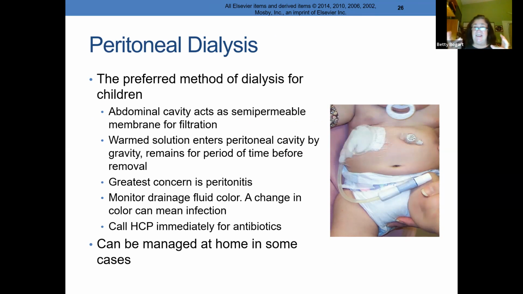It's called dialysate. And you warm it because you don't want cold fluid going inside the belly. These are used mostly for your young children, your infants, because they can't use hemodialysis. Hemodialysis creates a big swirl of blood, and these children's blood membranes are so fragile, it could cause bleeding into the brain.